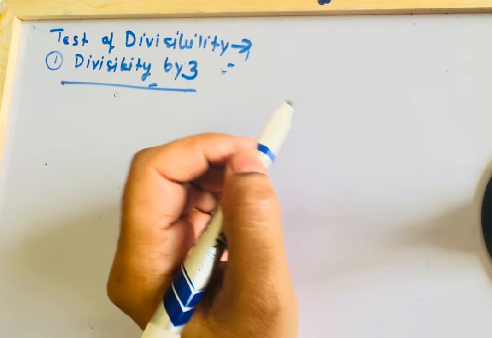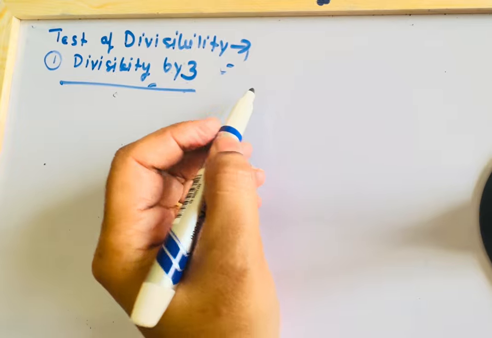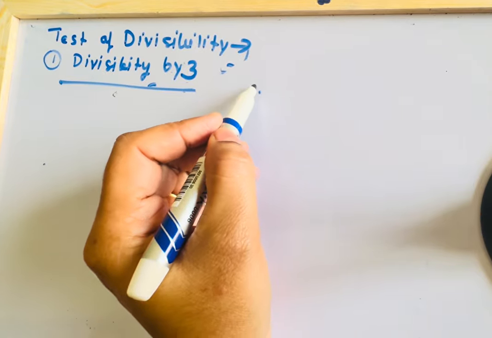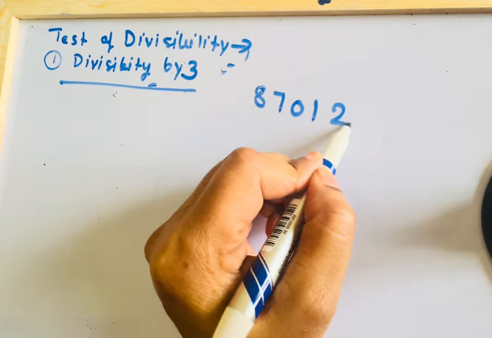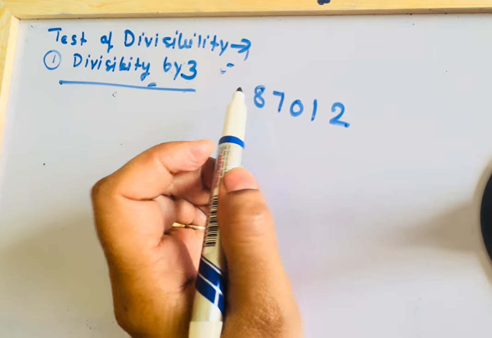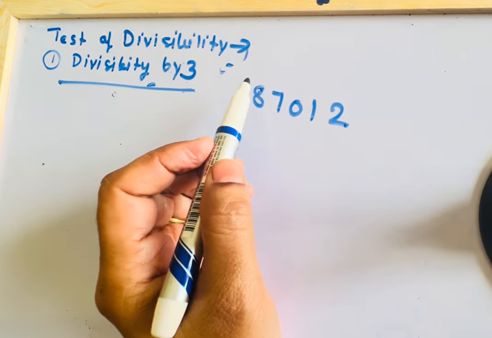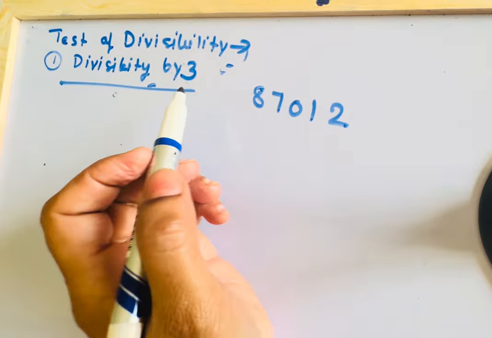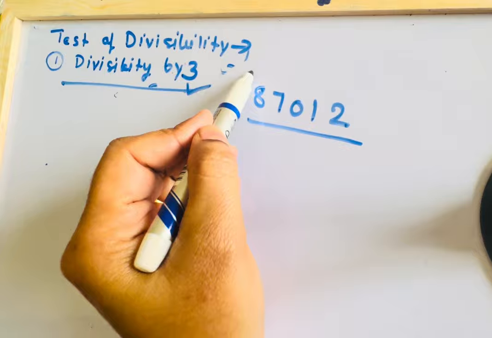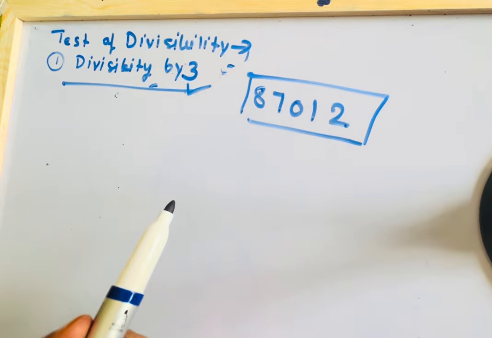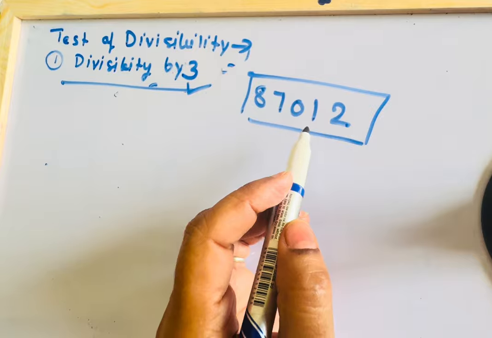Now, divisibility by 3. For example, 87,012. If any number is given, then how do you check whether that number is divisible by 3 or not? See, you want to check that 87,012 is divisible by 3 or not.